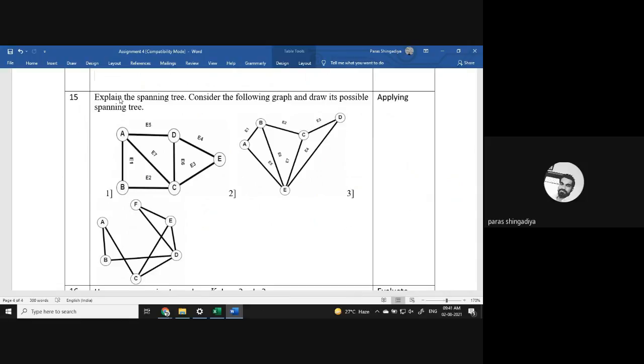First write a definition here. Then draw the first graph, then find the circuit rank, and then draw its spanning tree.